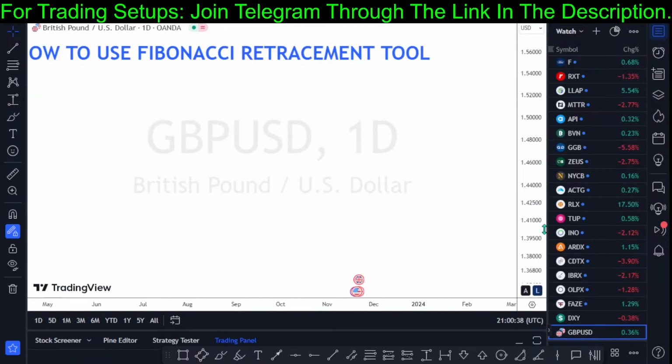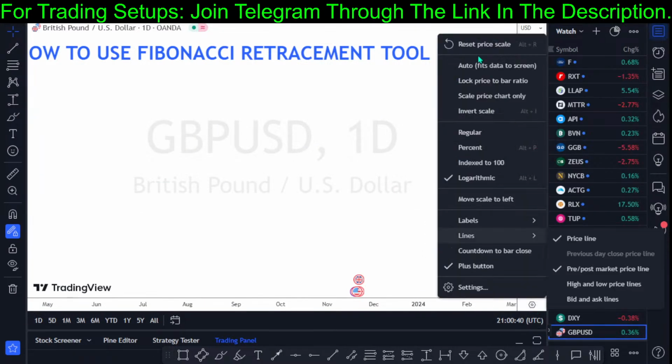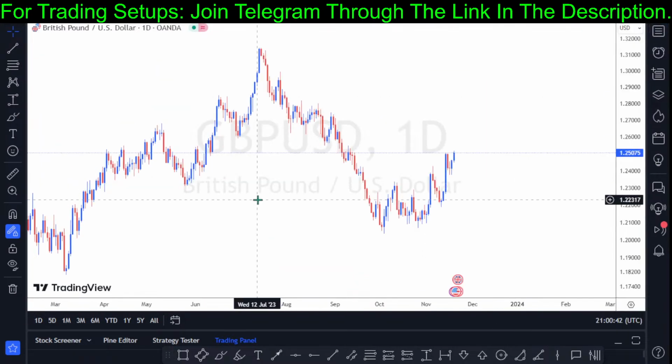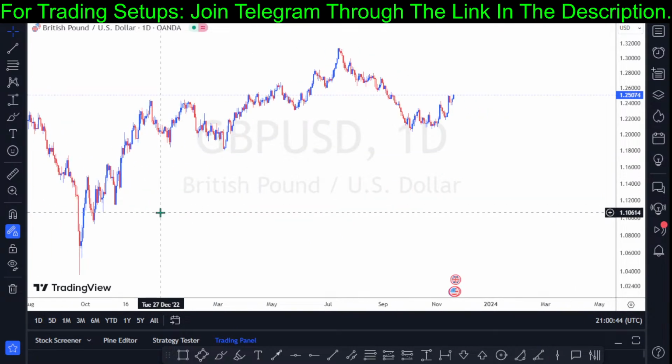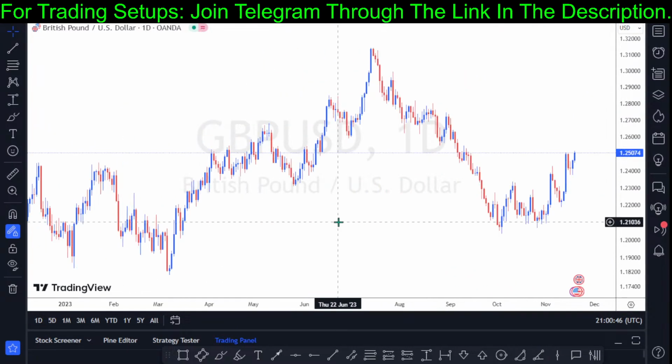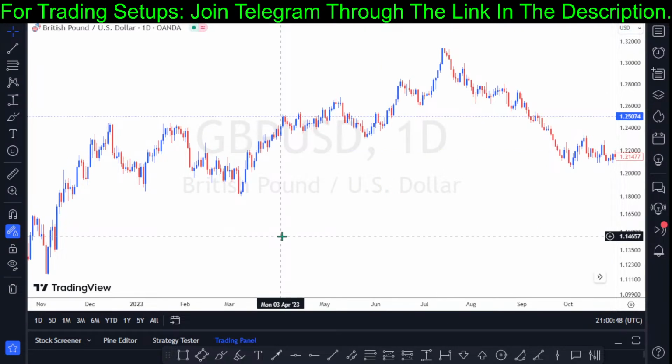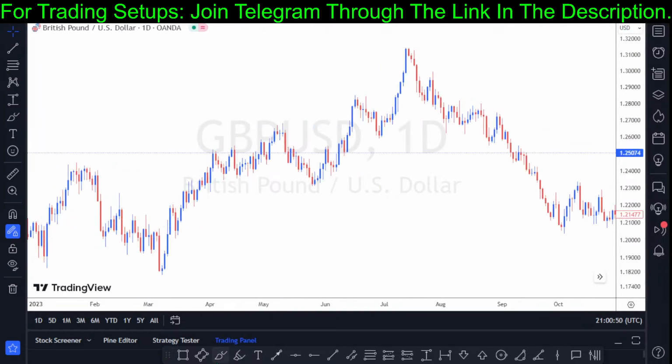So to use this on a bull trend, we have to look out for a rising trend. So for example, right here in this market, here is a rising trend. You can see from the swing low right here to the swing high right here, this is a bull trend, right?